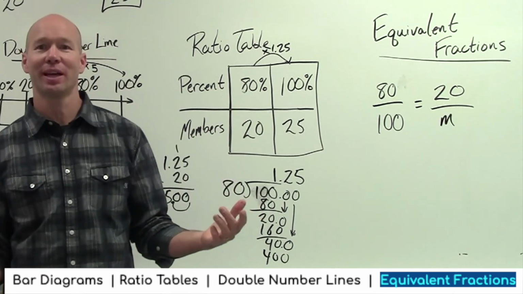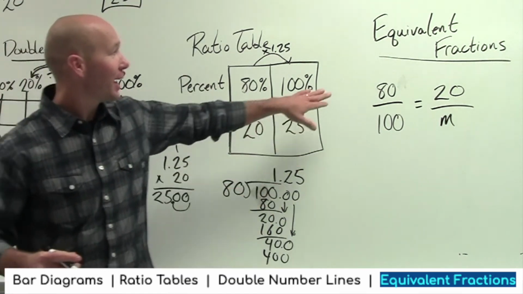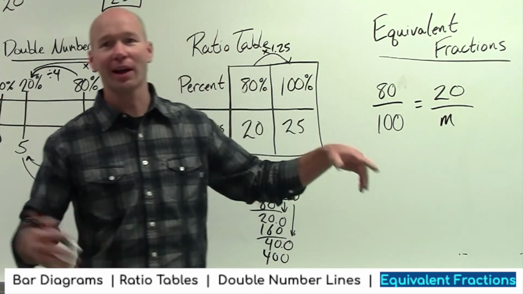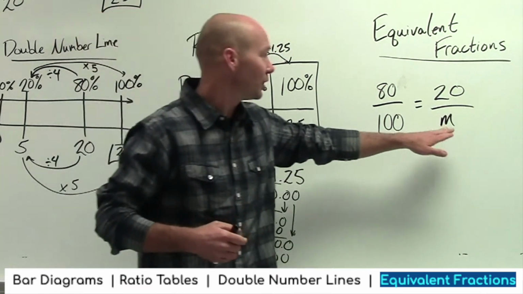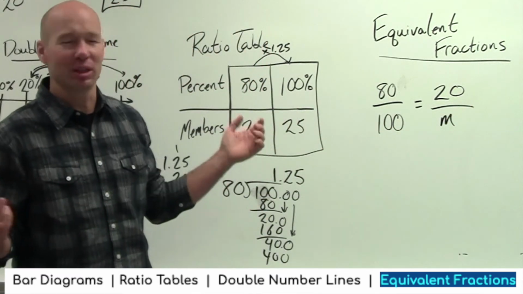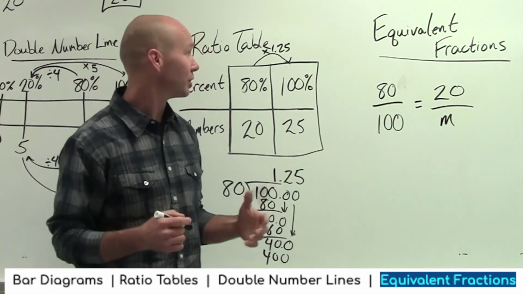That's always the case. Percent means out of 100. Cent is 100. 80 over 100 is equivalent to 20 over m, and I've used the variable m to show that I'm missing some information, and I use m because m stands for members. But you can use any letter you want.